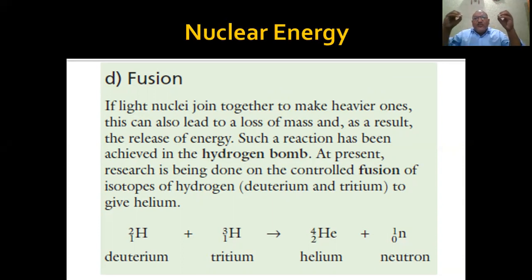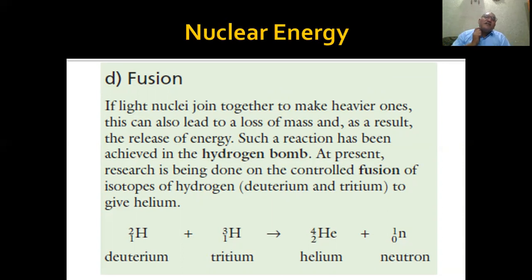So when you try to bring them close to each other, they will repel each other. So you have to make their kinetic energy very high, so much kinetic energy that they can overcome that repulsion. And when they collide with each other, they fuse into each other and make a larger nucleus.